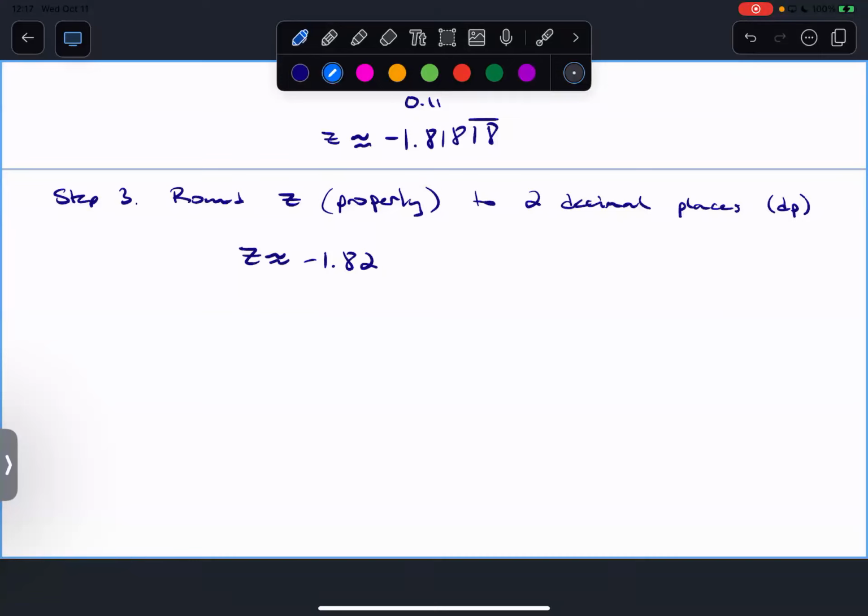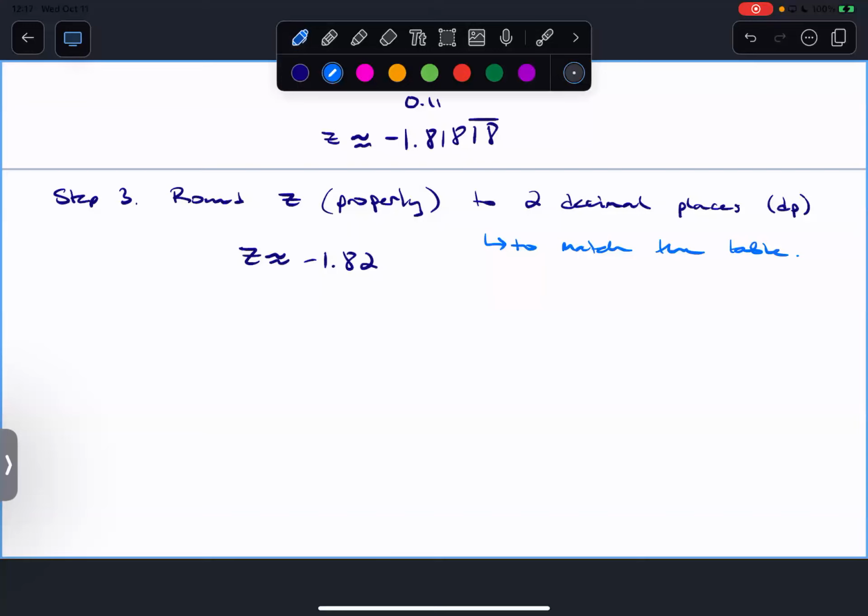And this is to match the table. So it's not something that you need to memorize. The table is going to prompt you, right? When you go to use it and you say, oh, well, I can only do 2 decimal places, so I need 2 decimal places.